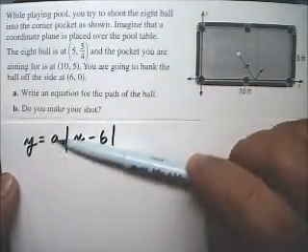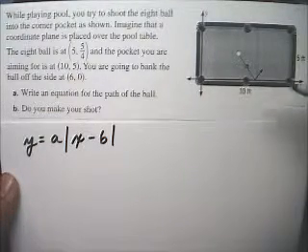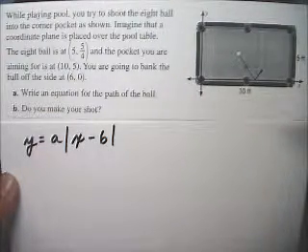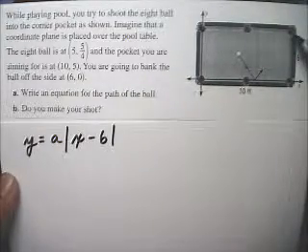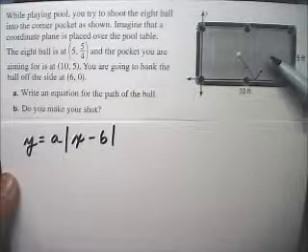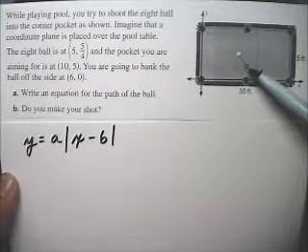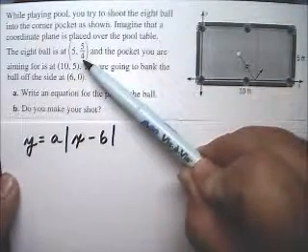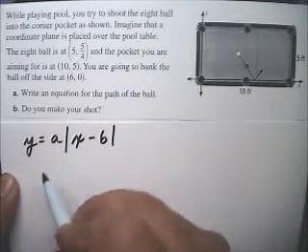So we have to figure out what a is, and we're going to figure out what a is by using one of these points. Now, the pocket he's aiming at is 10, 5. We can't use that because we don't know if that's on the path. We'll have to use the 8-ball. The 8-ball is at 5, 5/4. So I'll substitute that in.